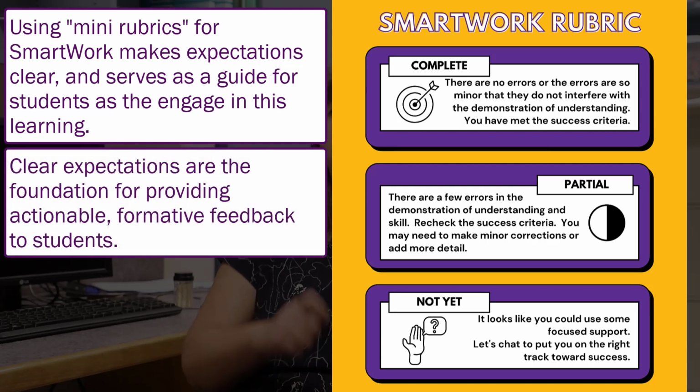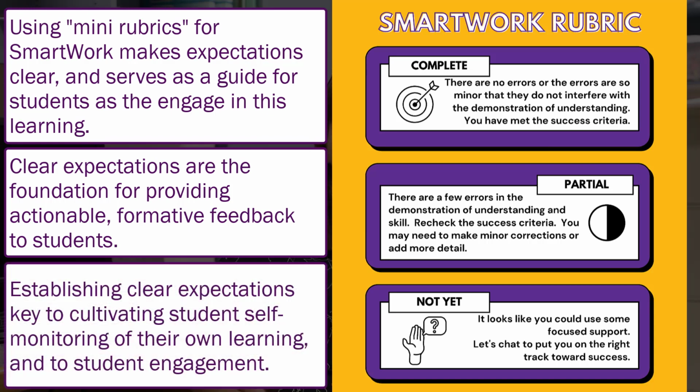Then I can go around and circle what they're missing to get it complete, or make little notes for them. Also, it redirects them. So if they get off task for a few minutes, I can say, what part of this are you working on? They know what they need to complete.